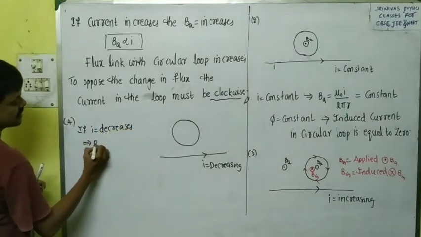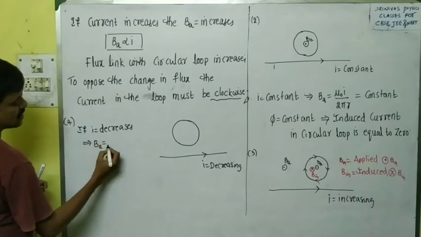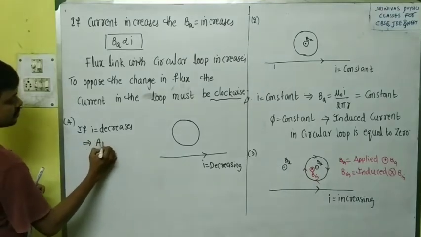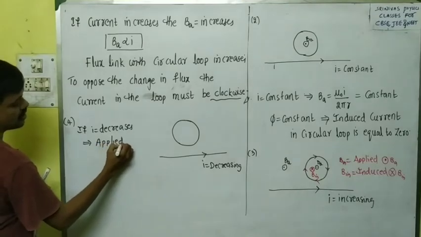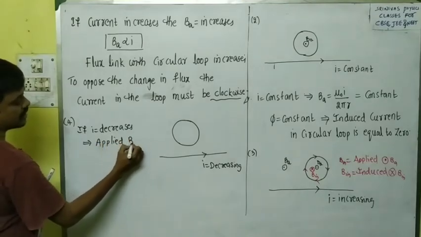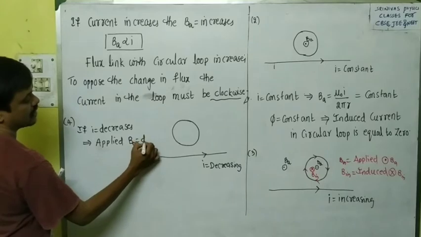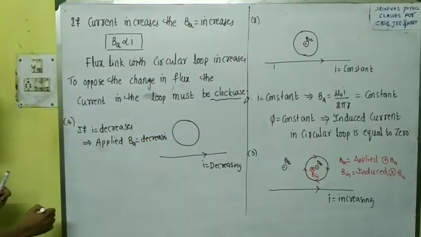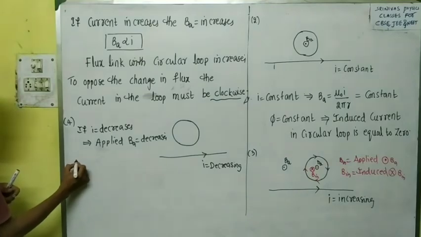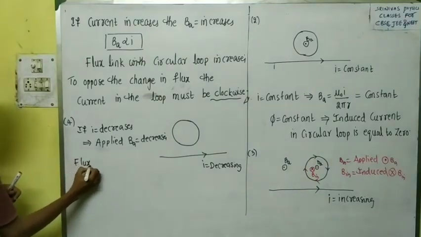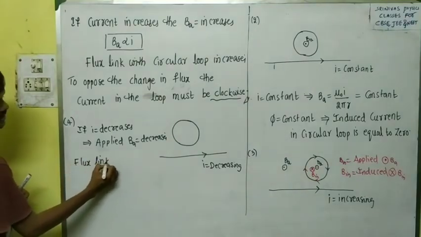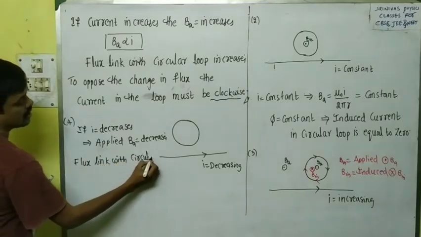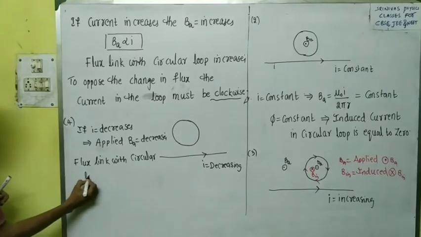The applied field decreases. BA is the applied field. When the applied field decreases, then the flux linked with the circular loop decreases.